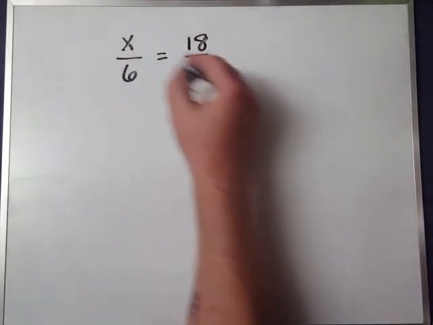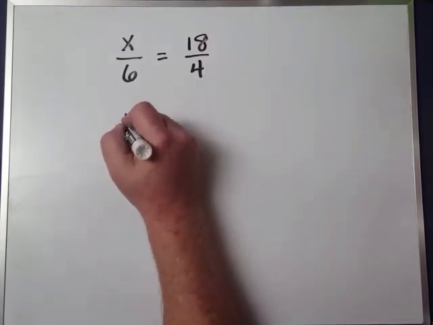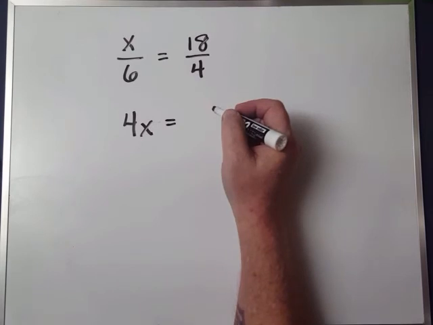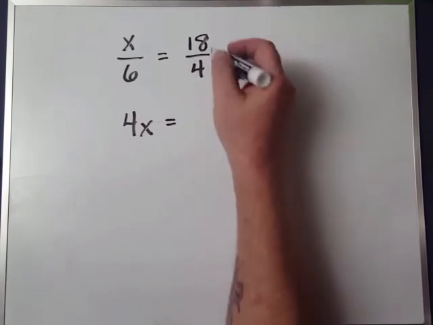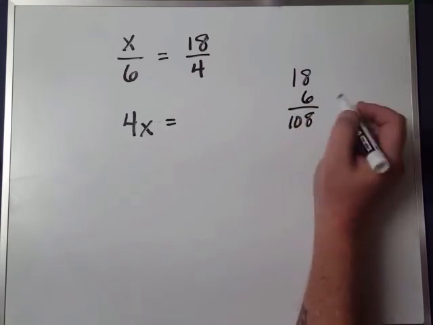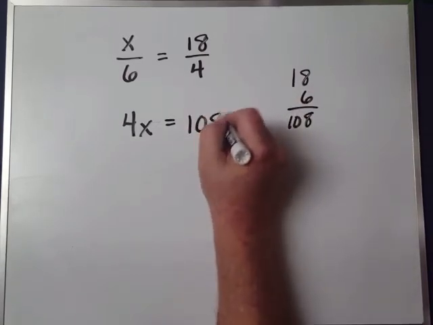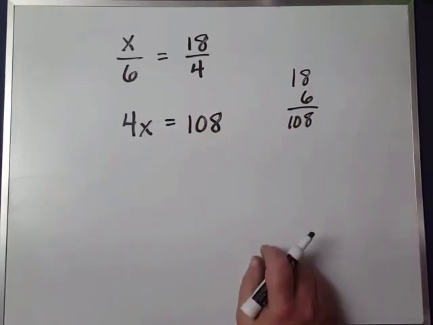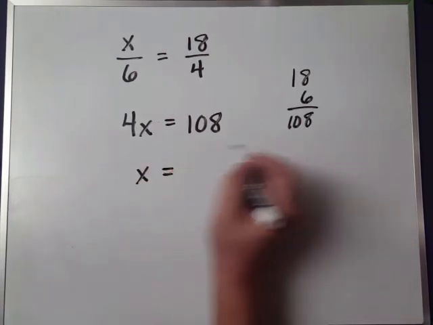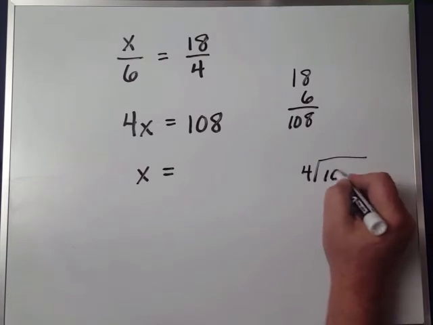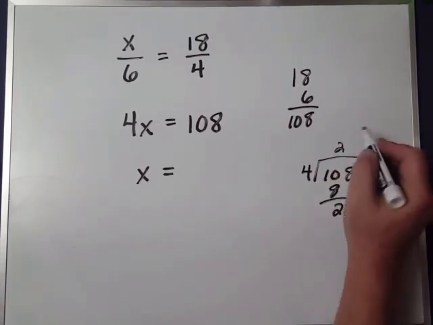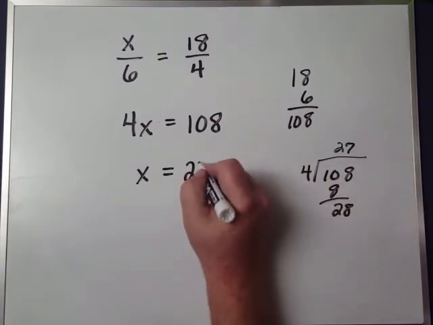We know that the product of the extremes, x times 4 is 4x, equals the product of the means. 6 times 18, what will that give me? 108. And divide both sides by 4 to find that x is 27.